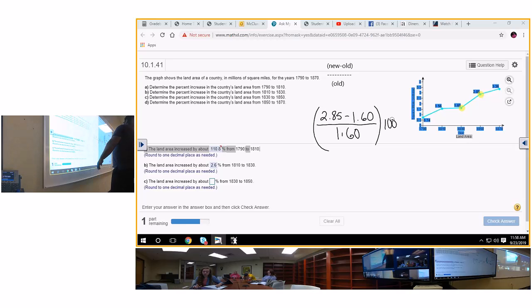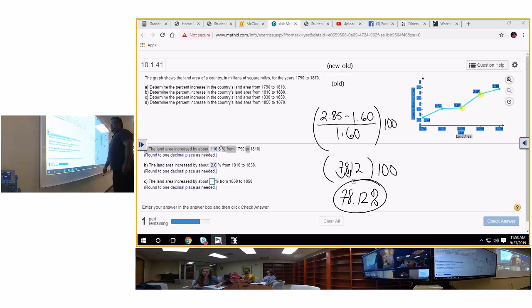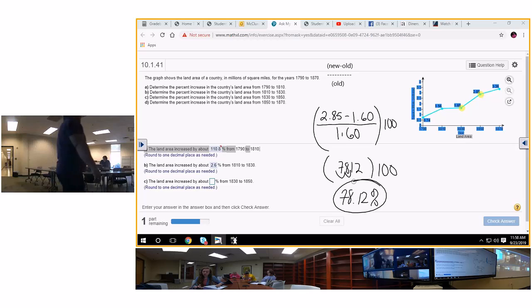It's going to be pretty big. 0.7812. Move 2 places to the right: 78.12%. So 78.1%. All right, y'all do the last one.